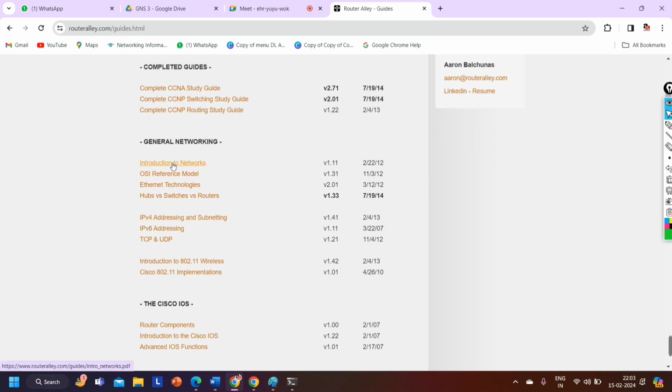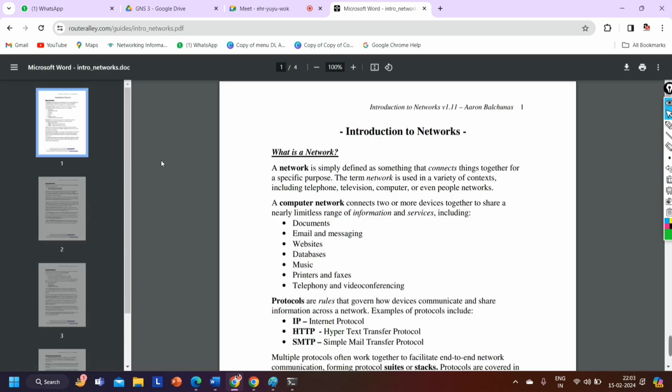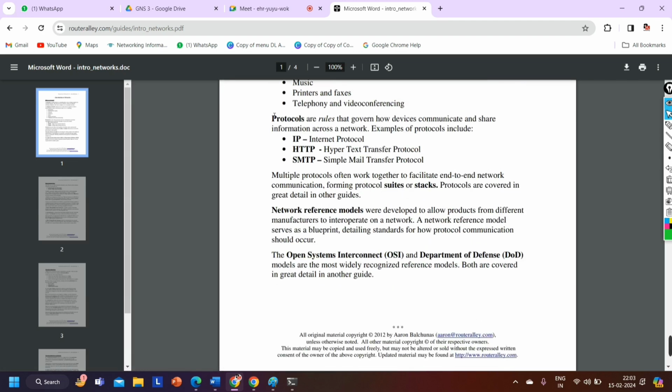There are topics like introduction to networks. Let's say I want to learn introduction of networks or the OSI model, so I will click on this topic. See, one PDF will open in front of me, and here I can read what is a network, what do you mean by protocol. As I told you, protocols are rules.